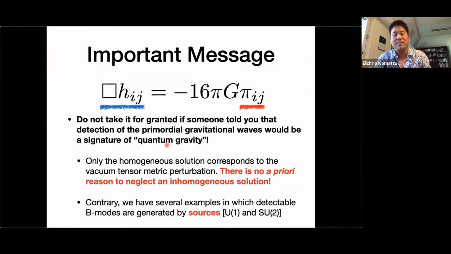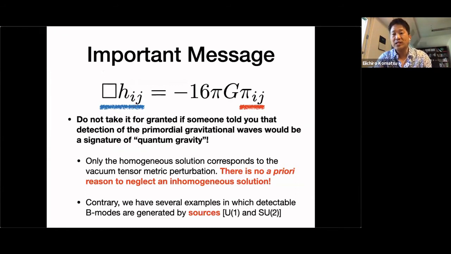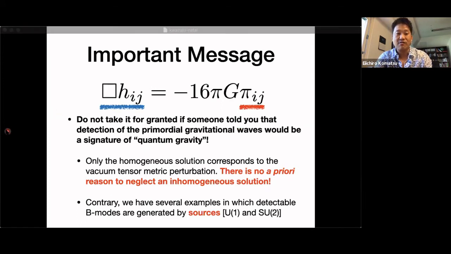Now, what do they mean by that? If you have no source, this will be the quantum fluctuation in the gravitational wave. So gravitational wave is a space-time. So this looks like a quantum fluctuation in space-time. So that sounds like quantum gravity, right?